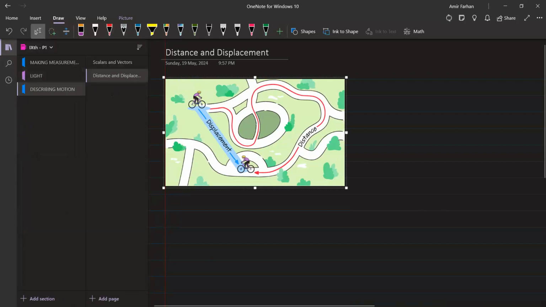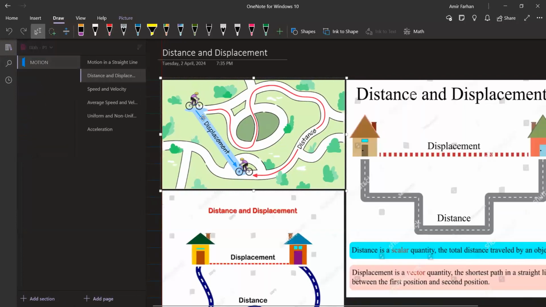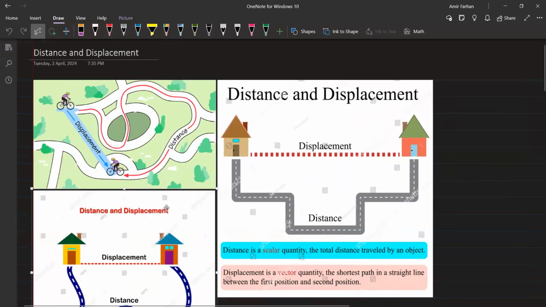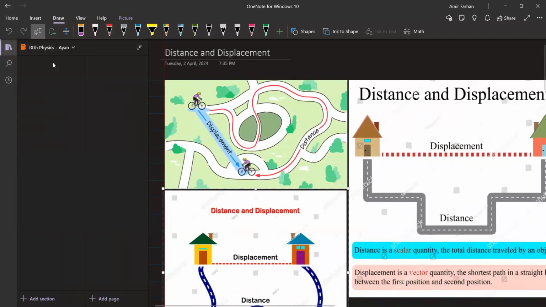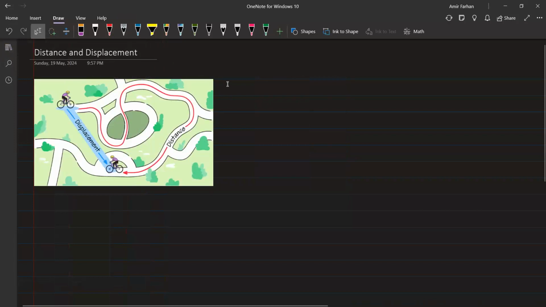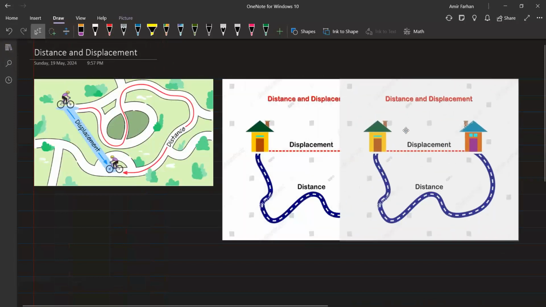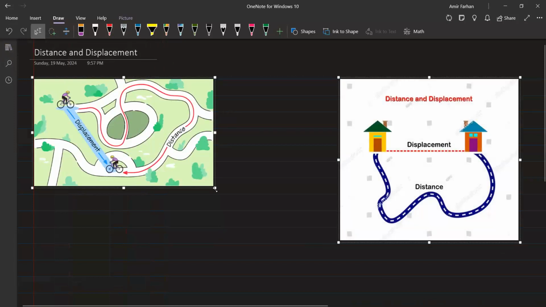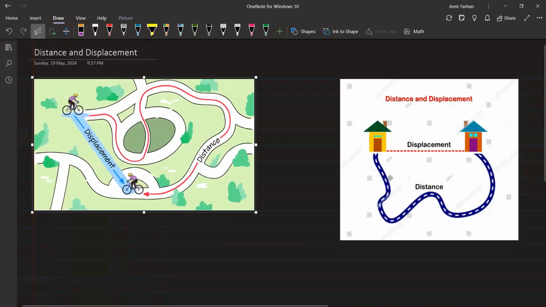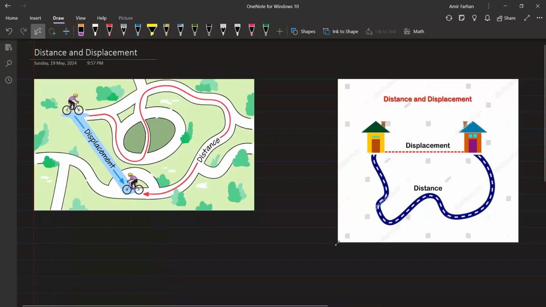So these are the two pictures in front of you. As you can see, two different quantities are there, two types of paths.